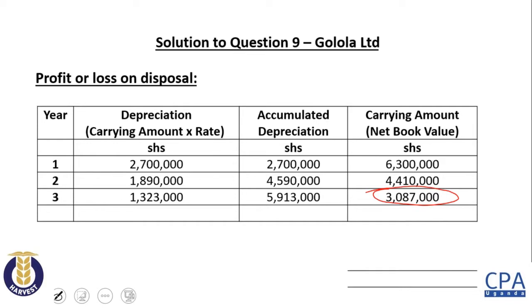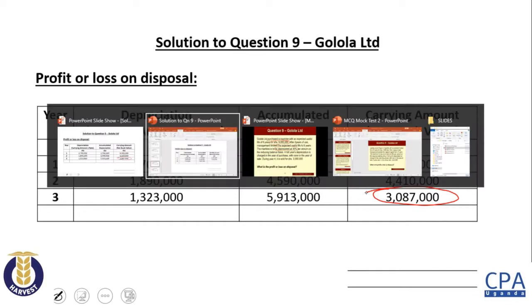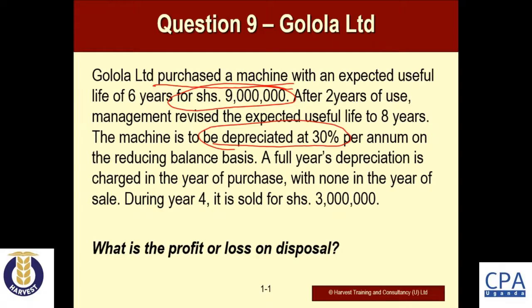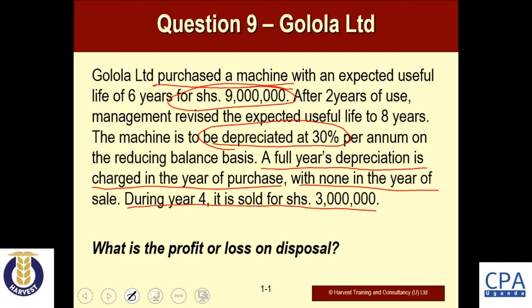Now, when you read the question, we are told that in year number 4, the machine was sold for 3 million. According to the depreciation policy of the company, a full year's depreciation is charged in the year of purchase with none in the year of sale.